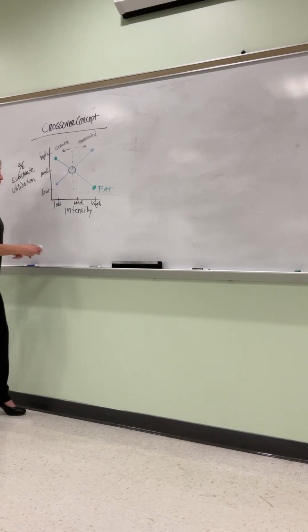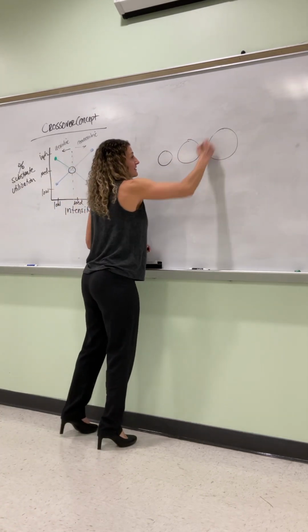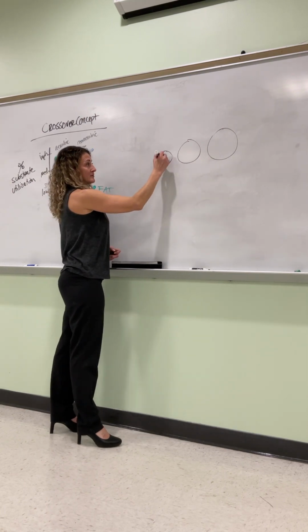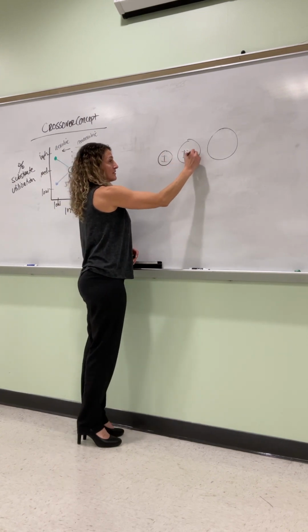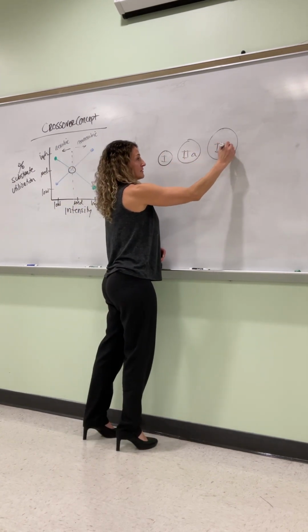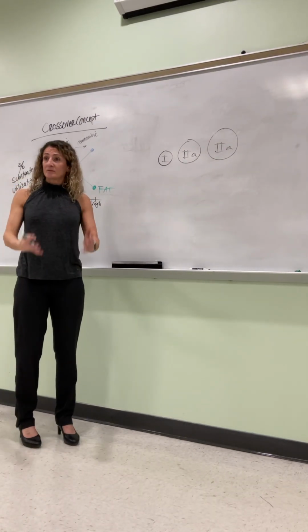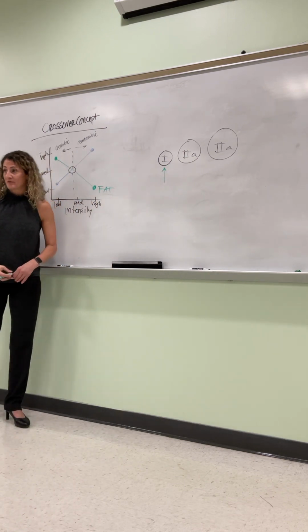Okay, this relates to this. If these are neurons, this neuron is connected to what kind of fibers? This one, this one. Okay, so if we're working at a low intensity, we're sending out weaker signals, we're activating our smaller neurons and our type 1 fibers.